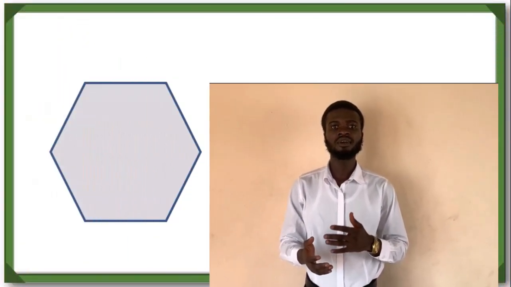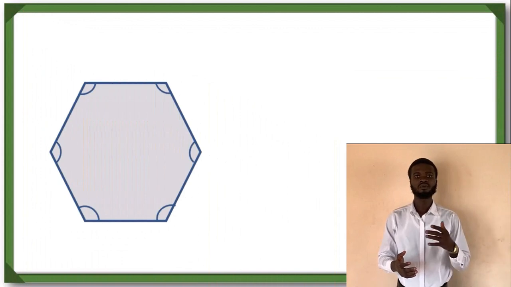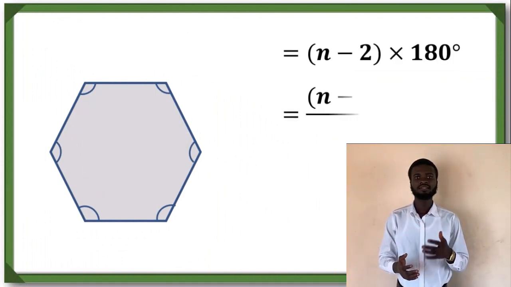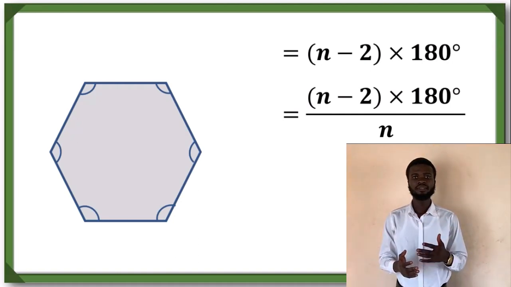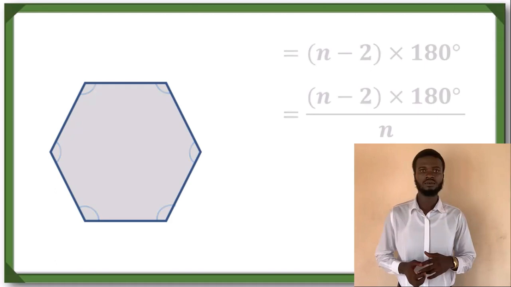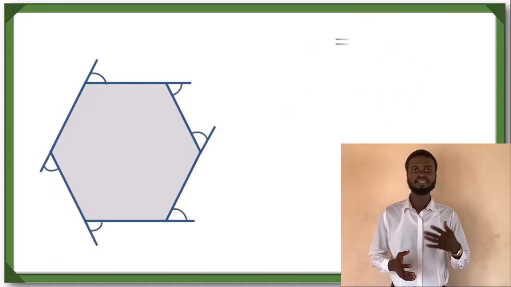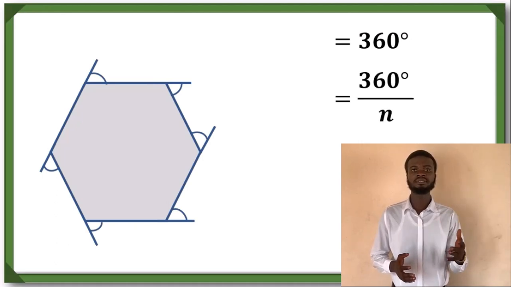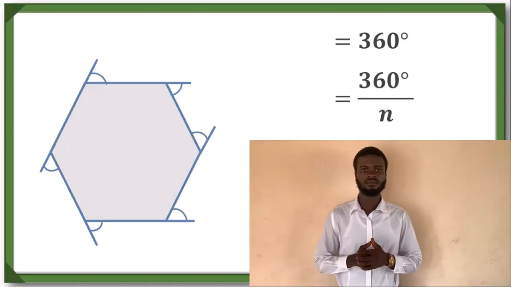We also looked at finding the sum of interior angles of a regular polygon, which is n minus 2 times 180 degrees, and an interior angle given by n minus 2 times 180 degrees all over n. Also, the sum of exterior angles, which is 360 degrees, and an exterior angle given by 360 degrees over n, where n is the number of sides of the regular polygon.